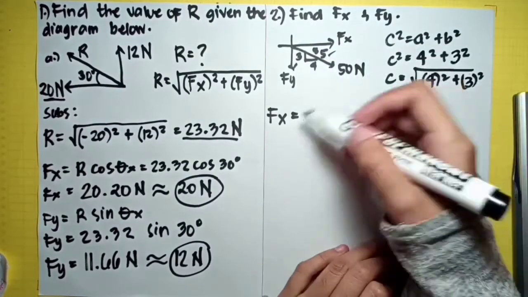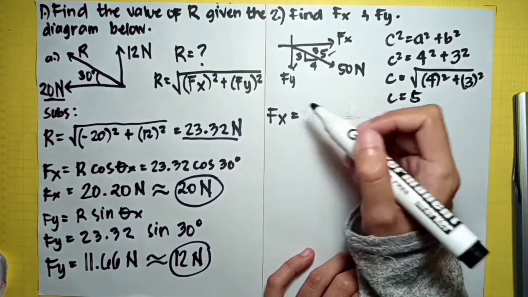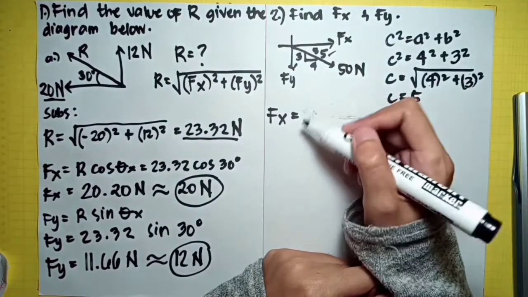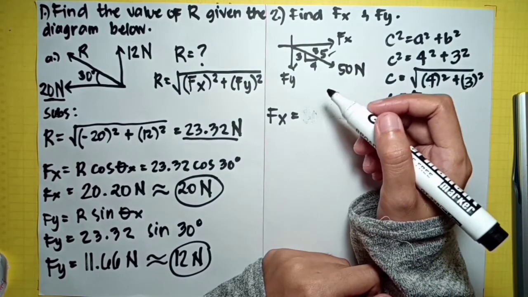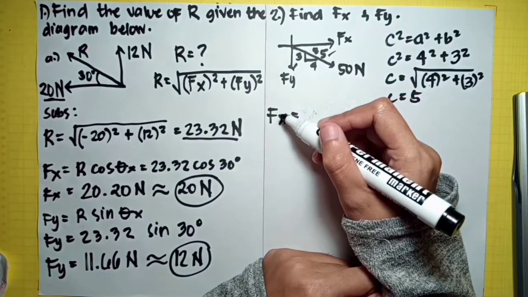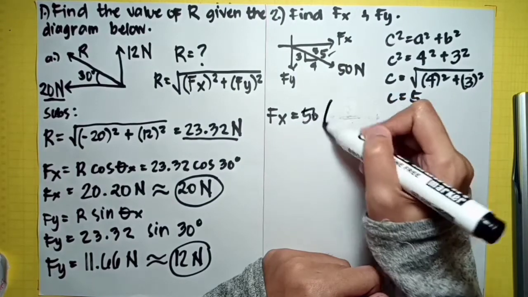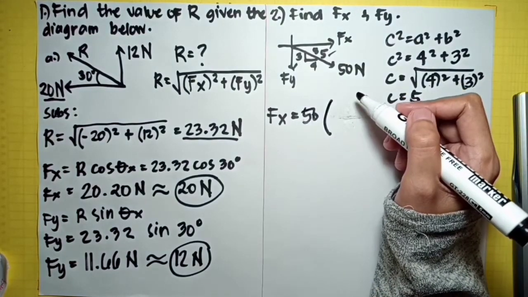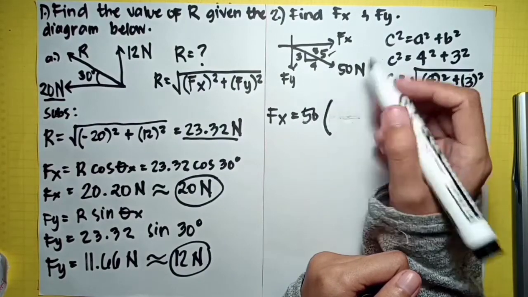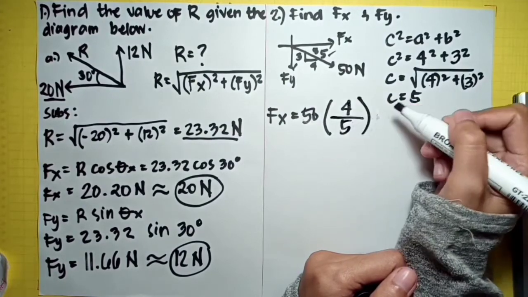Kaya tama na ang nilagay natin naunang value. So, ang F sub x ngayon, kukunin natin ang value nito gamit yung mga nasabi kong formula kanina. So, F sub x equals R, which is 50 na given na, times the x-axis slope, which is the number 4, over 5, which is the hypotenuse.